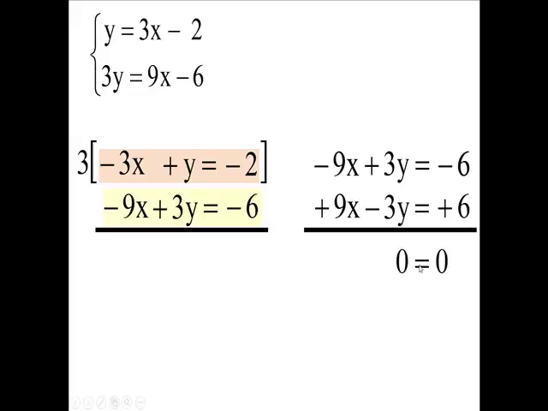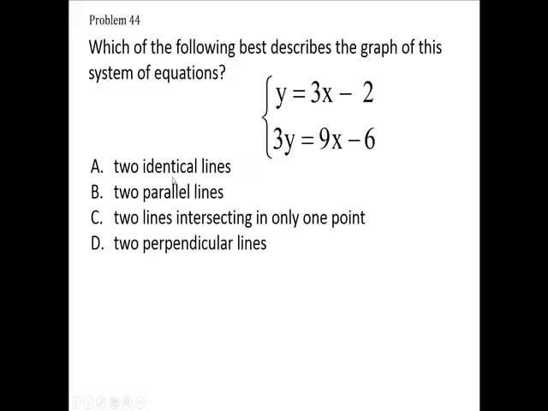This is what happens when the lines are identical. Everything cancels. If we'd had 0 equals 1, you would have parallel lines. Lines with the same slope, but it wouldn't be exactly the identical lines. Okay, so we're going to say two identical lines. A is the answer.